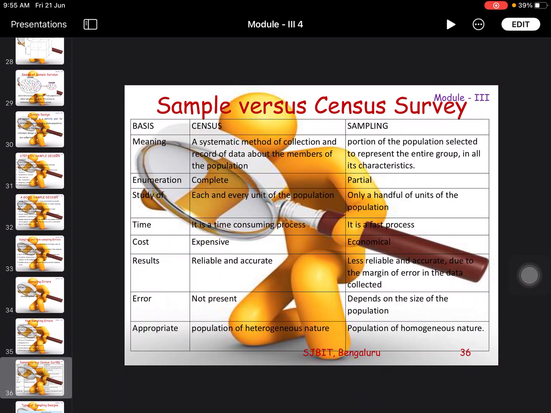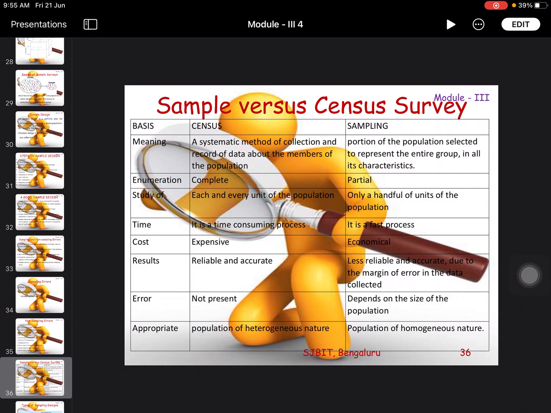So there is a difference between census and sampling. It is about the data which has been collected. In a census, all members of the population are covered, whereas in sampling only a representative group is taken. Census is a time-consuming process, but sampling is a very fast process. In a census you get more data, and many times you will have to take extracts from it for sample data.